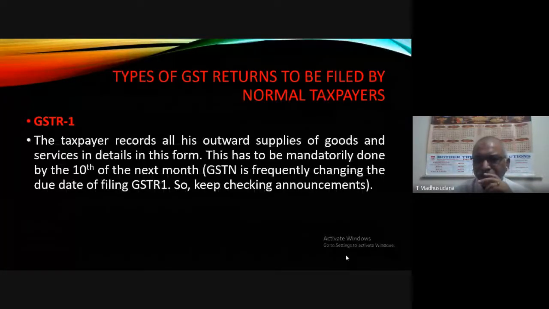The normal taxpayer records price of goods in detail in this form. The normal taxpayer, or the person who is under the normal scheme, records all his outward supplies.